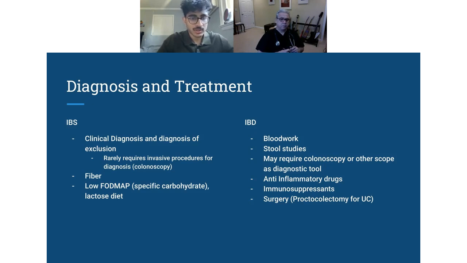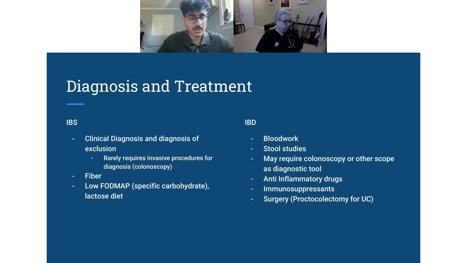And with IBD, we generally do blood work, stool studies, may require a colonoscopy or some other screening protocols, such as an endoscopy, as a tool. And we may decide to give anti-inflammatory drugs, immunosuppressants, and surgery.